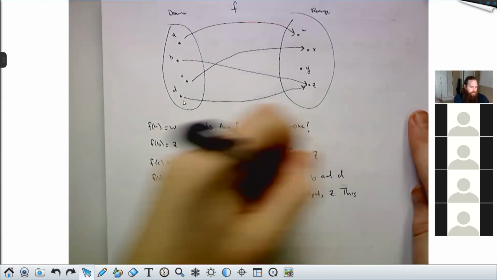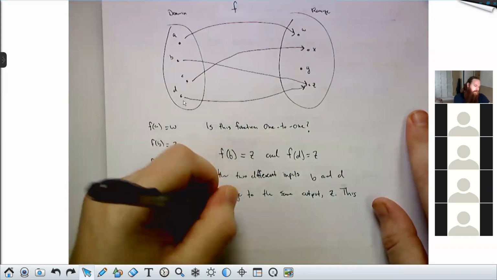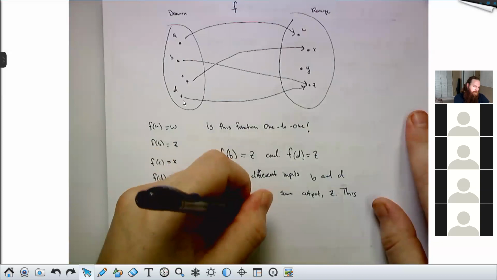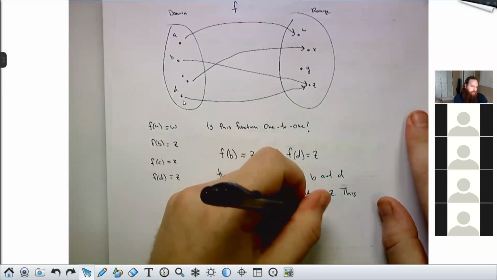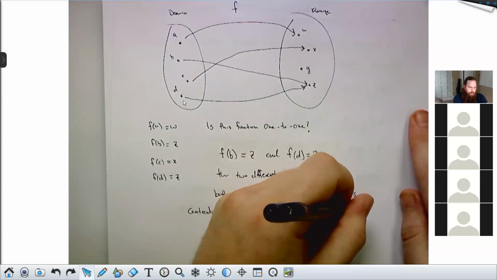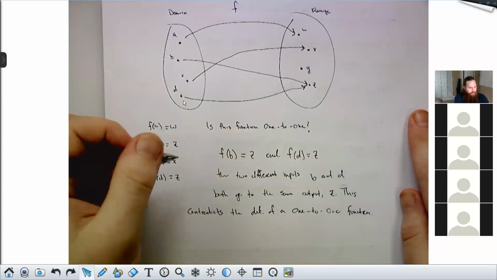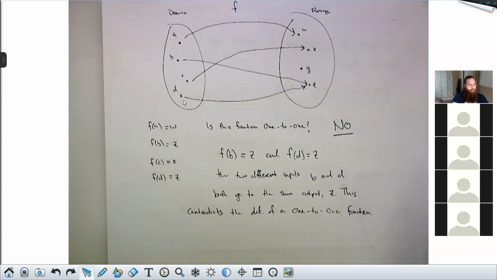This contradicts the definition of a one-to-one function.